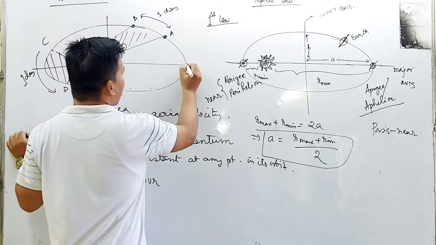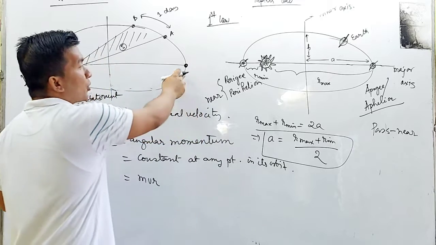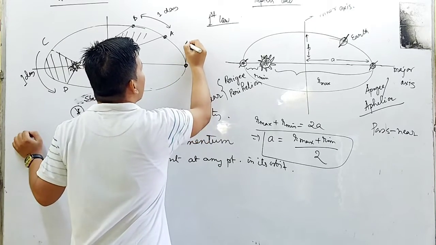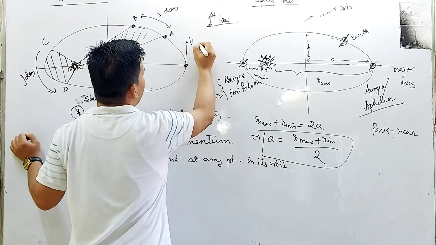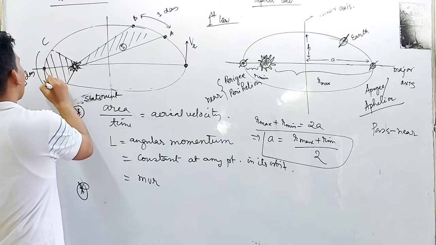Logic. This is the farthest point, and let us consider the velocity at the farthest point to be V minimum, that is V2. Here the velocity is taken to be V1.